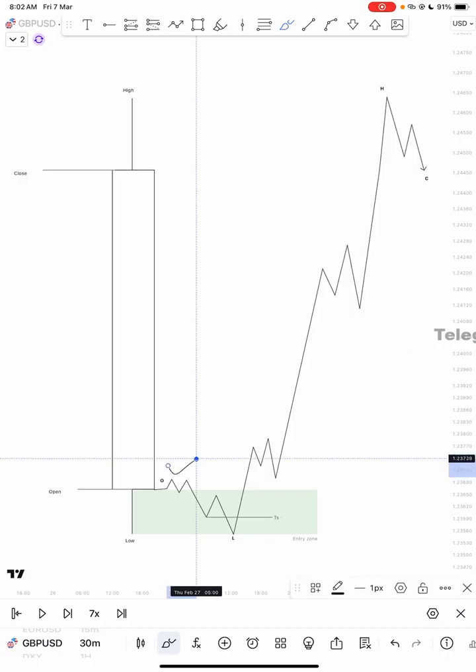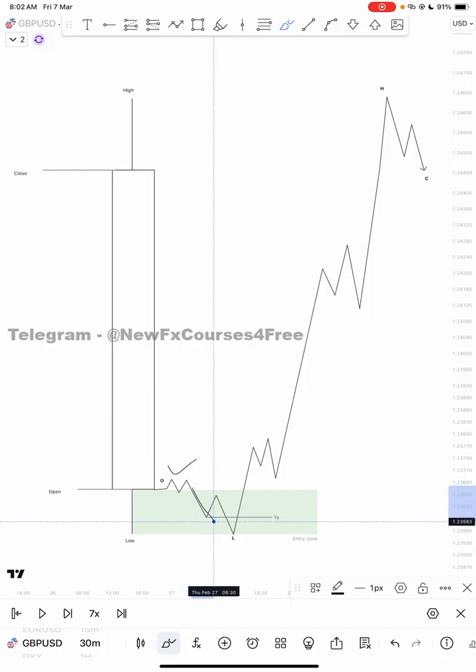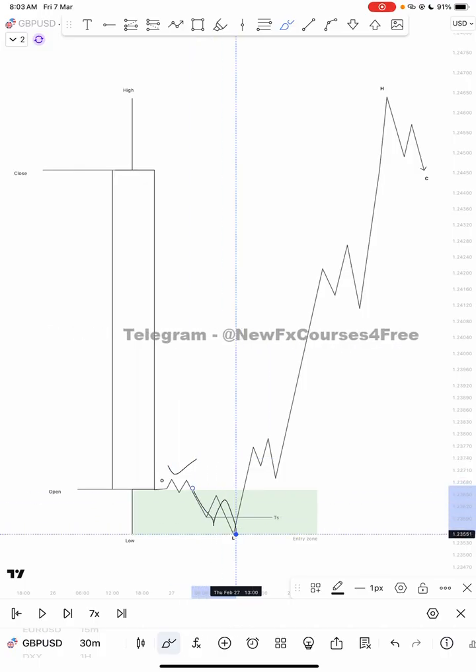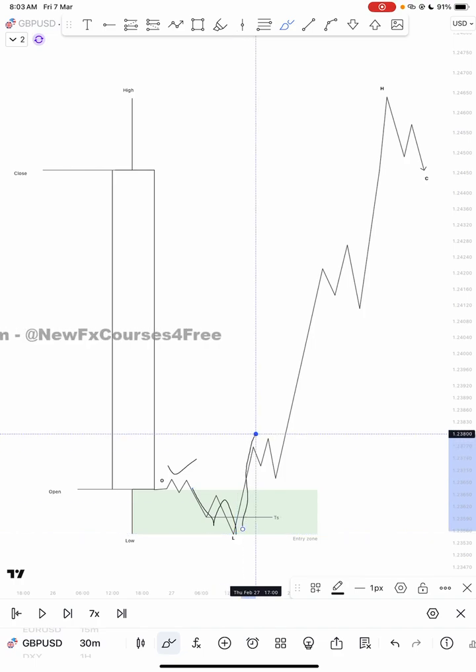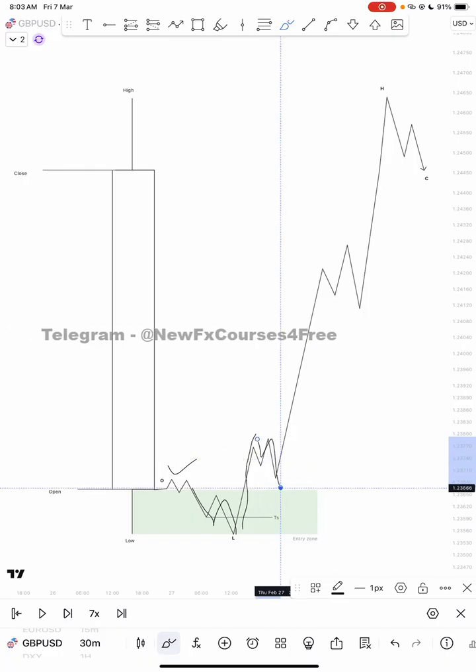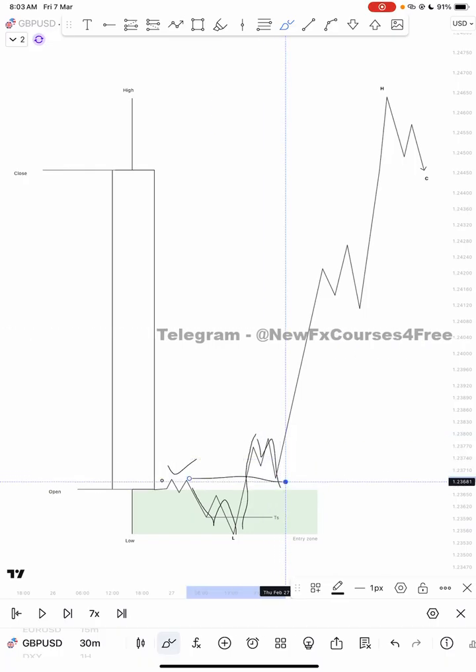Here, it opens here, then goes below the opening price. Then you've got your turtle soup. Buy low, there's the low of the daily candle, buy low. Then it expands higher, then creates a retracement into maybe a breaker block or a mitigation block.